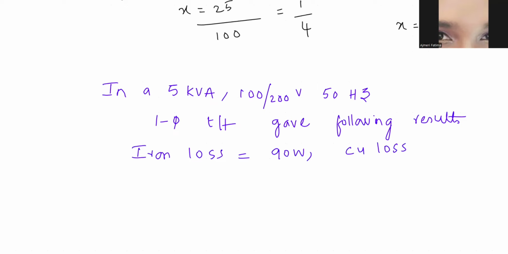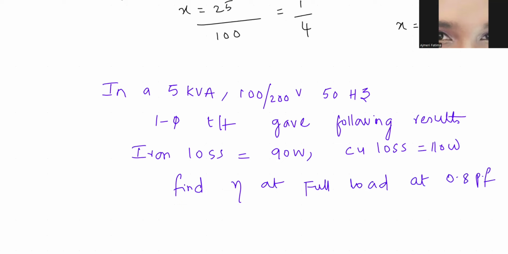Find the efficiency at full load at 0.8 power factor. Instead of 0.8, he can give you unity power factor also, and then you take the power factor value as 1.